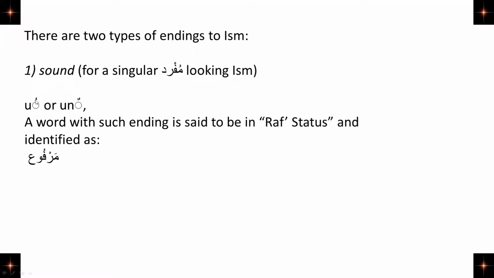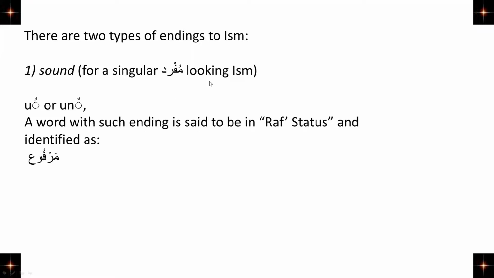So anytime you see a word with u, most probably it is a singular word. Okay, or let me give you this hint from now, or it is jam'u taksir. That is a word that is plural, but it looks physically like a singular. And that's why I did mention this in brackets, that this is for singular looking isms.